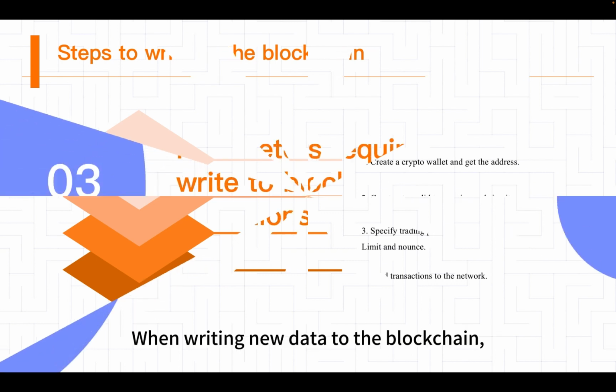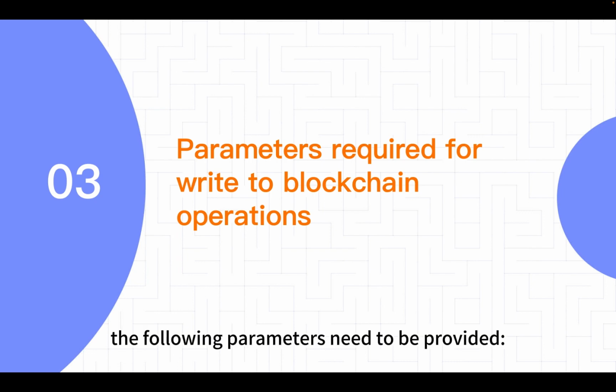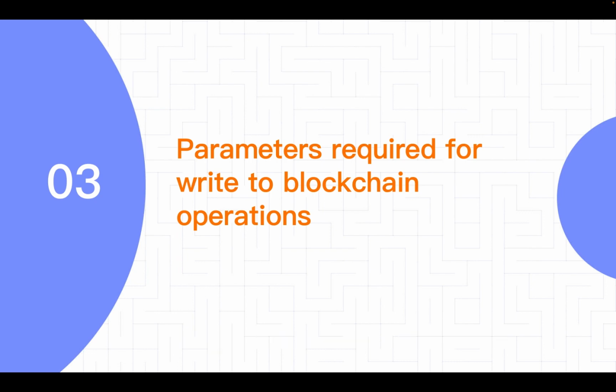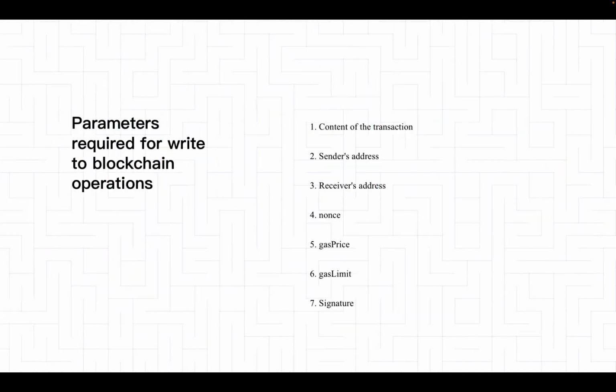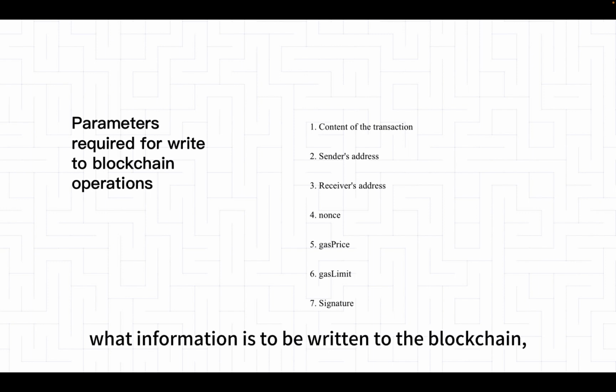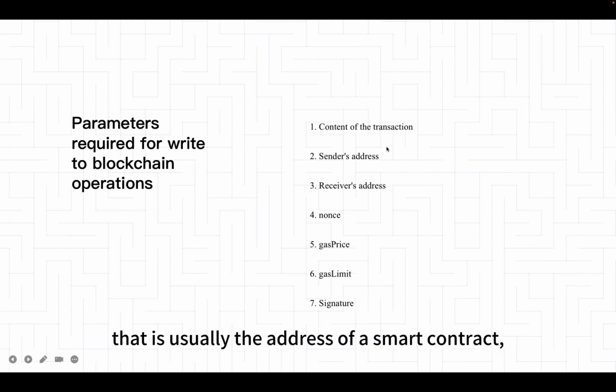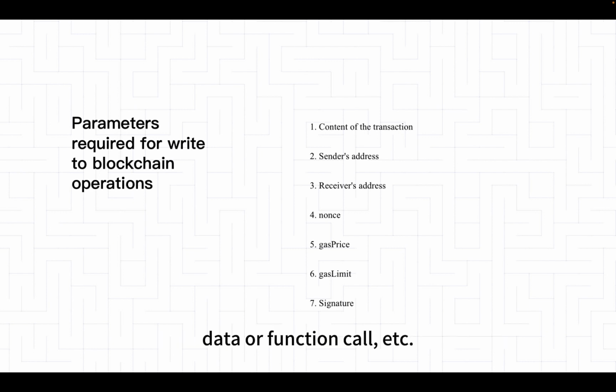When writing new data to the blockchain, the following parameters need to be provided: First, the content of the transaction, what information is to be written to the blockchain, that is usually the address of a smart contract, data of function call, etc. Second, sender address.